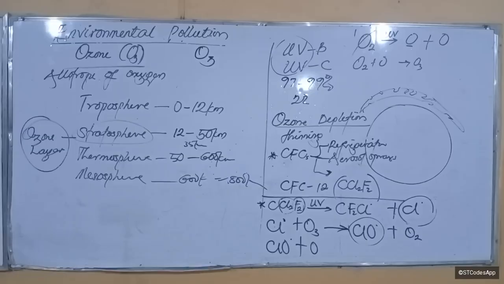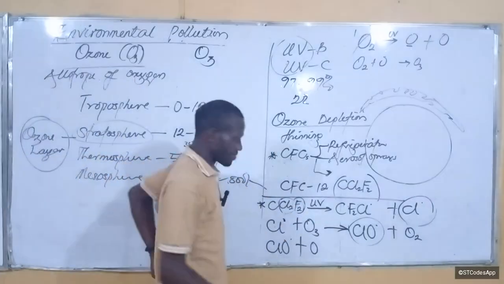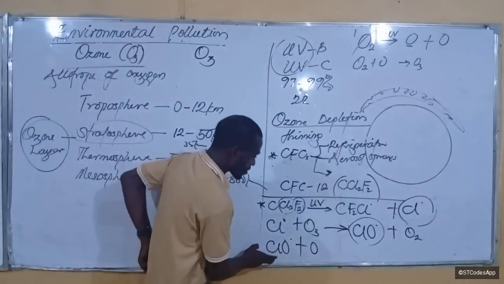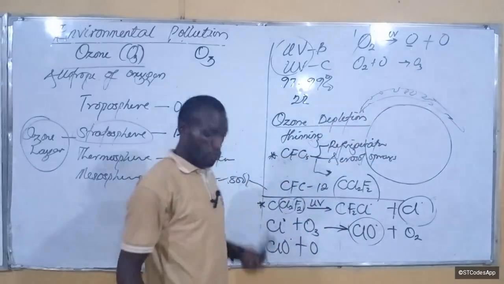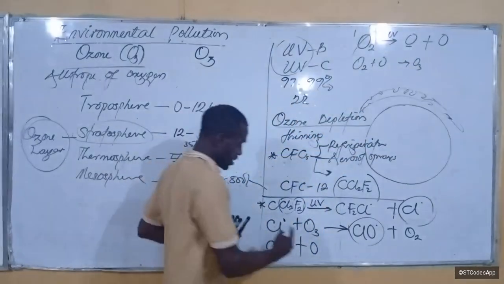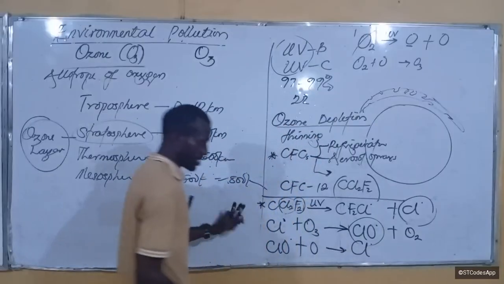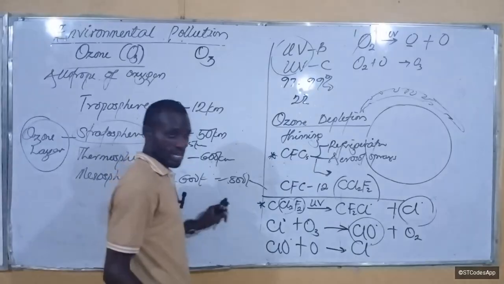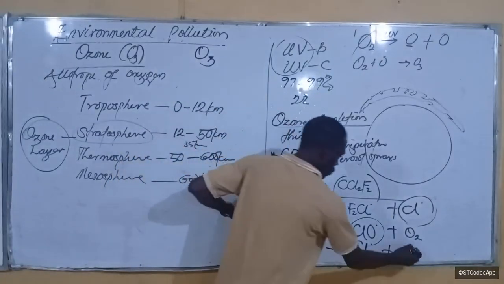So this guy is very reactive. This O is already made available by the action of UV light on ordinary oxygen. So this ClO reacts with this O and forms what? Cl dot again, chlorine radical again, plus O2.